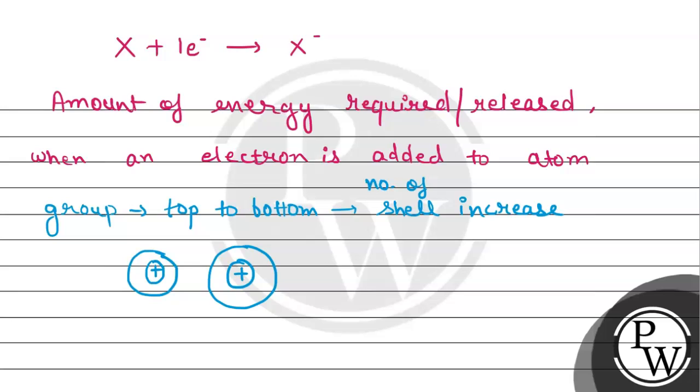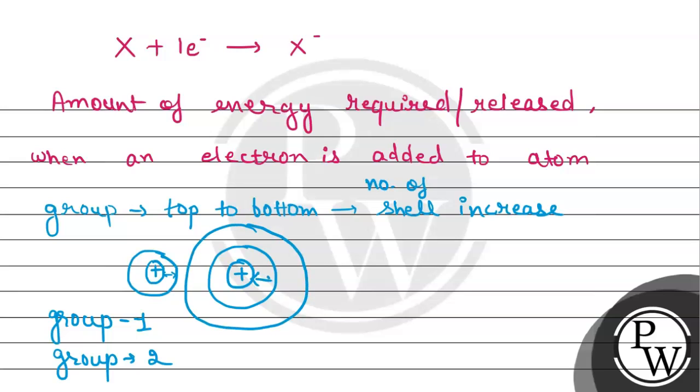Let us say we are in group 1, then it will have only one shell, and in group 2 the number of shells will be increased. So here we can see the distance from the nucleus will increase. This is 2 shells in this way.